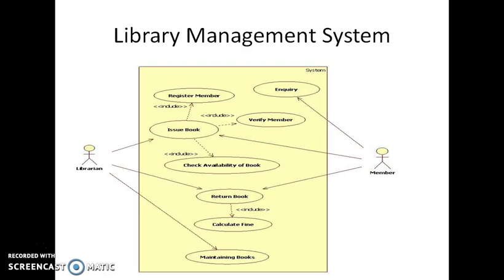While issuing a book, it is necessary to check whether the user is a member or not. That's why it is necessary to check whether it is a valid member or not. So there is one more use case called verify member, and in between issue book and verify member there is an association or relationship called include.